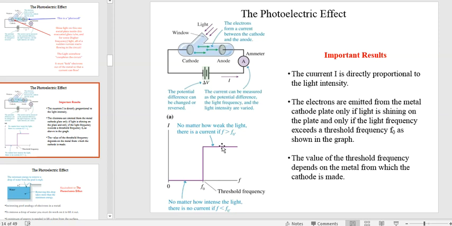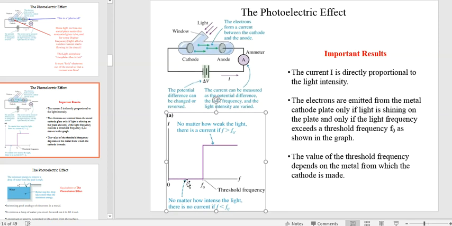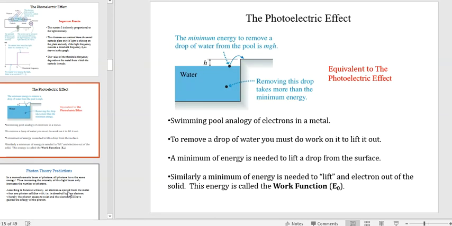And the more intensity we had at that point, the more current. But even if we were down here, no matter how intense the light is, we couldn't get any current. So that's interesting. This value of the threshold frequency actually depends upon the metal which the cathode is made from, and we'll get to that in a moment.